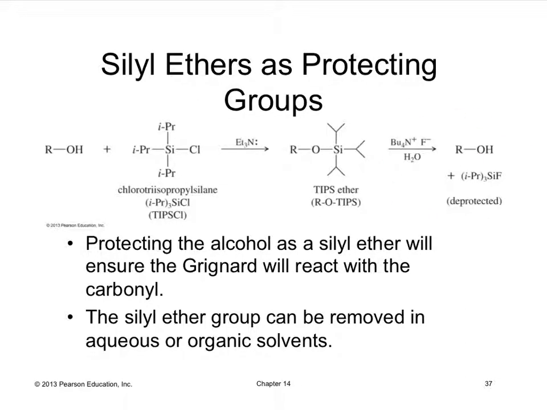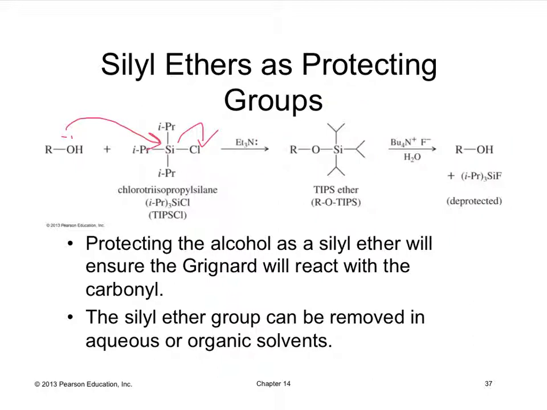So silyl-ethers can serve as protecting groups on alcohols. So you can use chlorotriisopropylsilane, and in the presence of the alcohol, electrons will go, kick off the chlorine, forming the protected alcohol shown here.